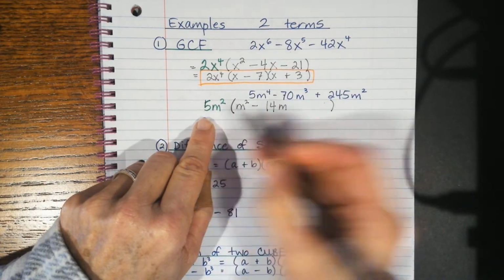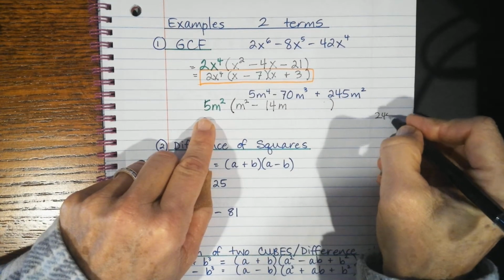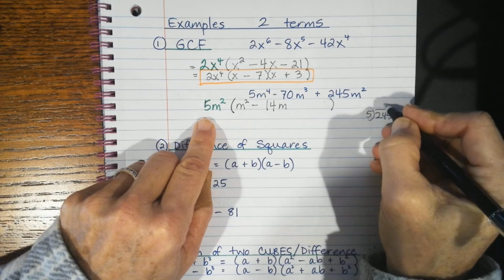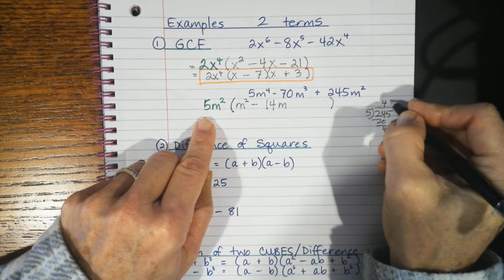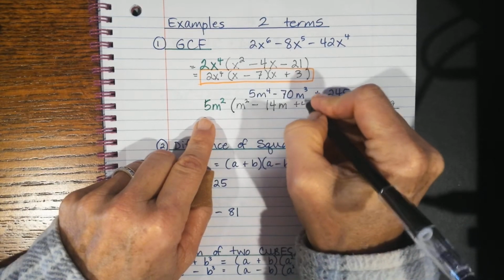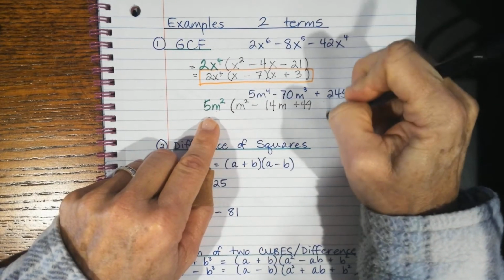And then 5 into 245. Let's see for a second there. 5 into 20 is 4. So that's going to be a 49. Good. Okay, so this is going to be 49. And then m squared, it's already an m squared.